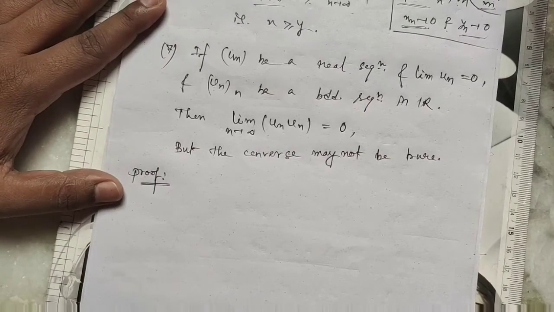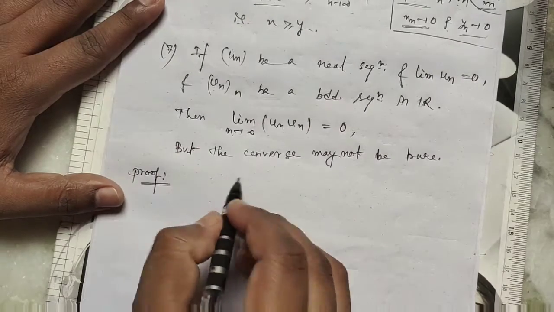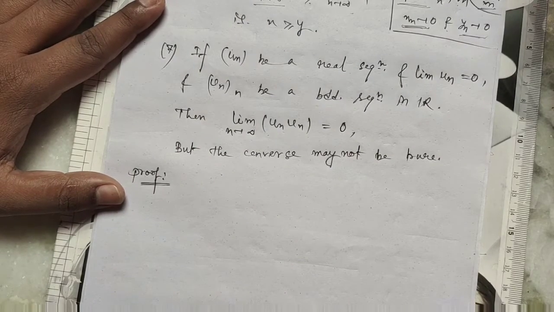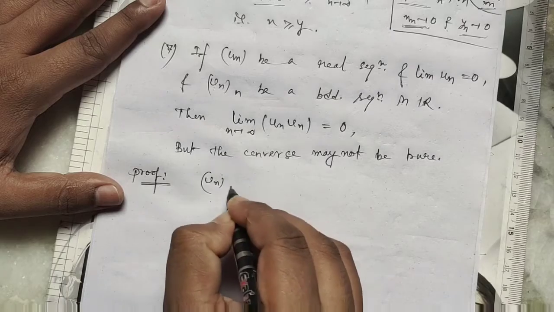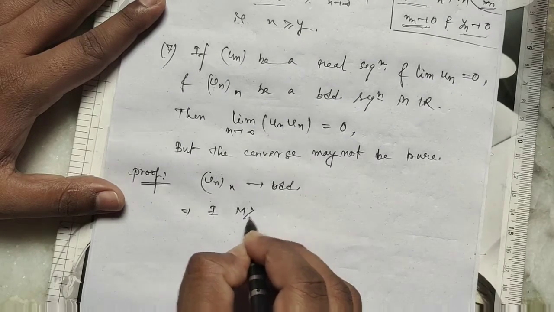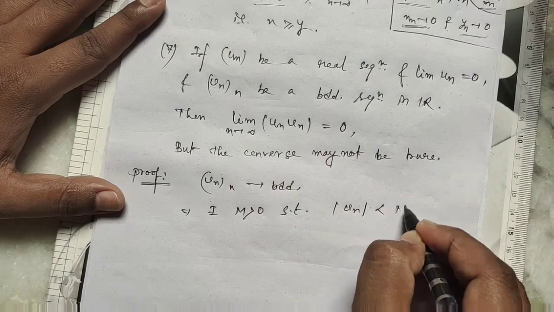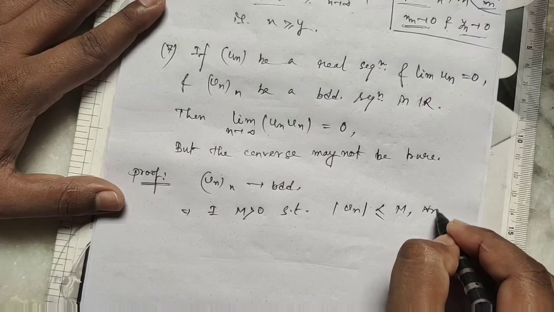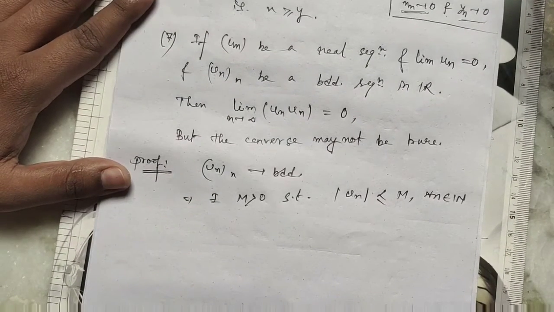Since vn is bounded, so in previous classes we discussed the definition of a bounded sequence. So vn is bounded, this implies there exists m greater than 0 such that mod of vn is less than or equal to m for all n belongs to natural number.